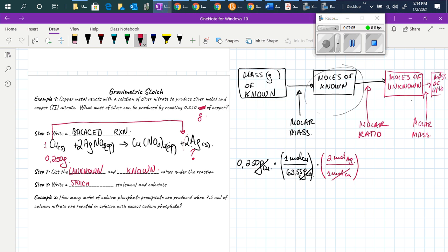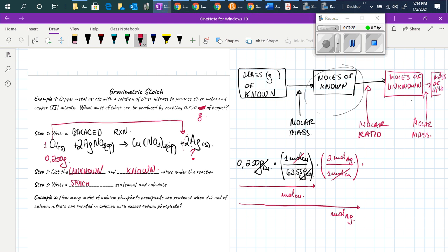So moles of copper cancels out, and now what we have is moles of silver.